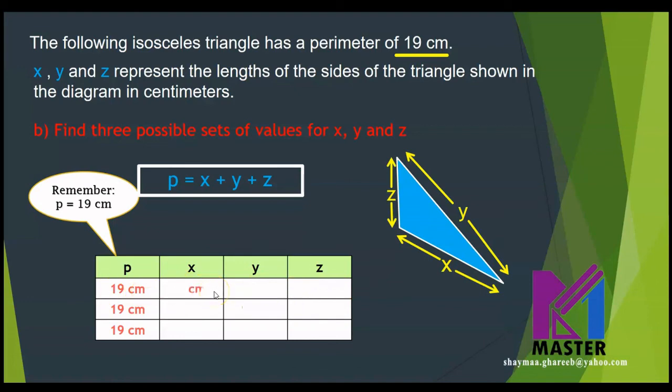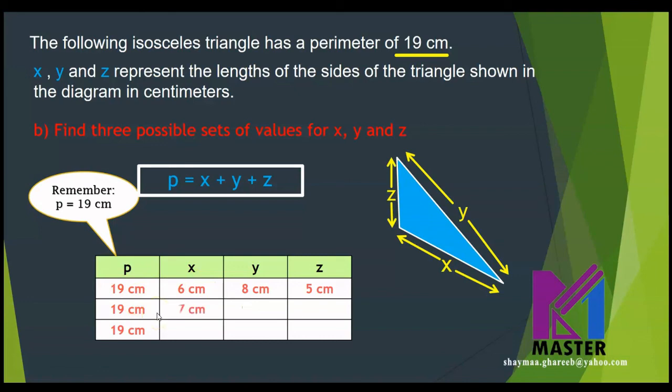So let's start with, for example, 6 for the x and 8 for the y and 5 for the z. 6 plus 8 equals 14 plus 5 equals 19. The 3 are different and the sum of the 3 is 19.